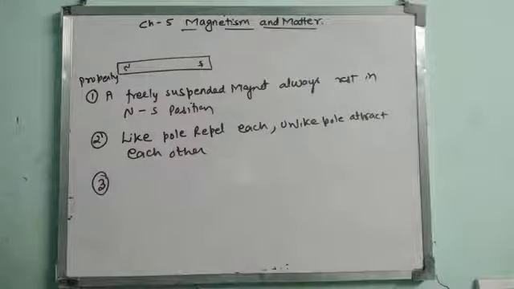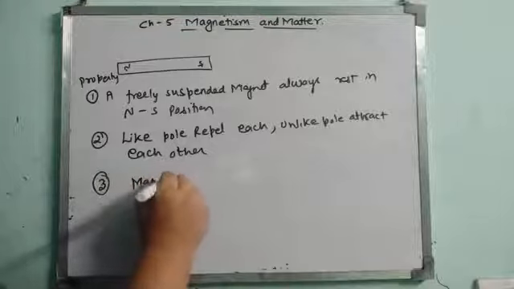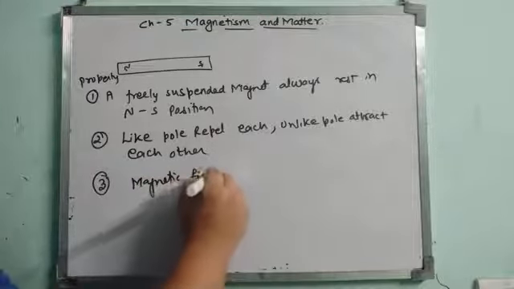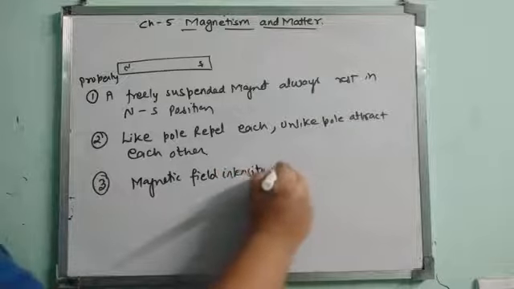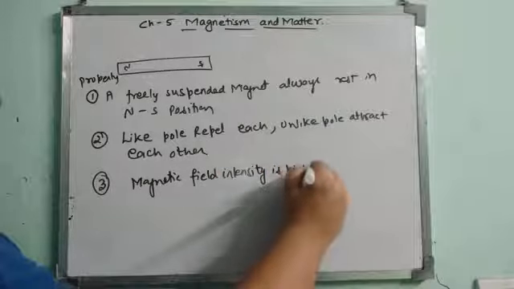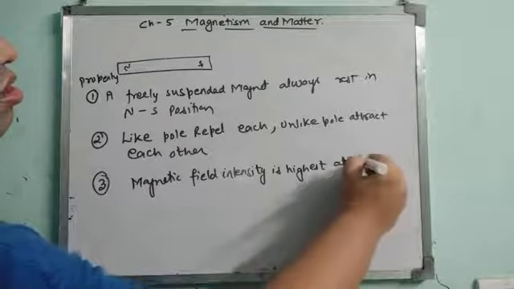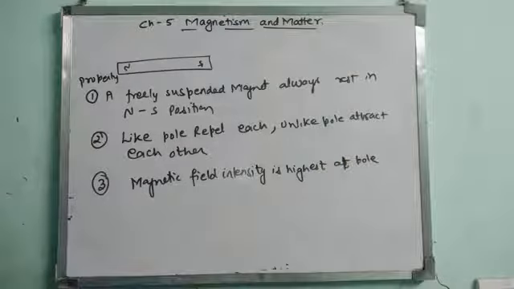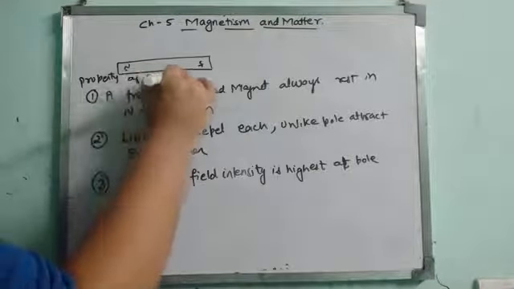Magnetic field intensity is highest at the pole. Now the properties of magnetic field lines of a magnet.